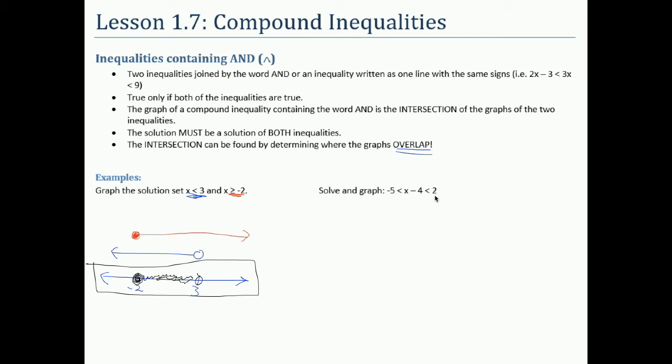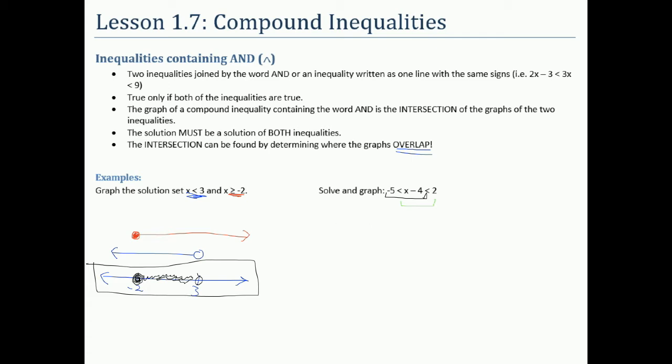Now we have one of these one-line things with no and or or written in there. This means -5 is less than x minus 4, and also, let's put this in a different color, x minus 4 has to be less than 2. This can actually split up into two inequalities: -5 is less than x minus 4, and x minus 4 is less than 2.